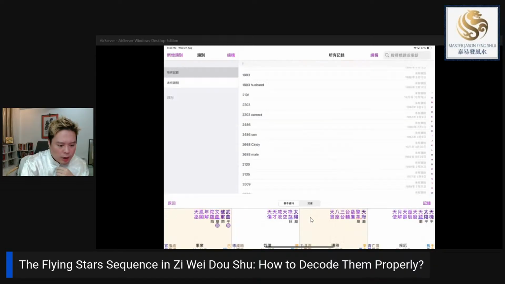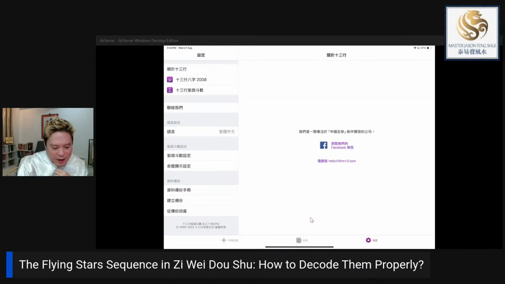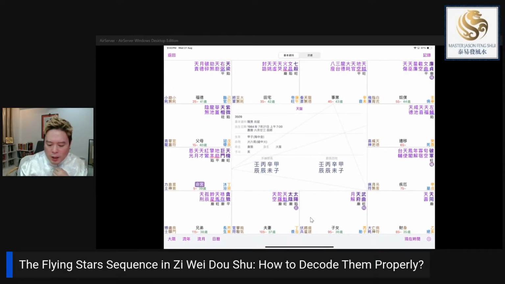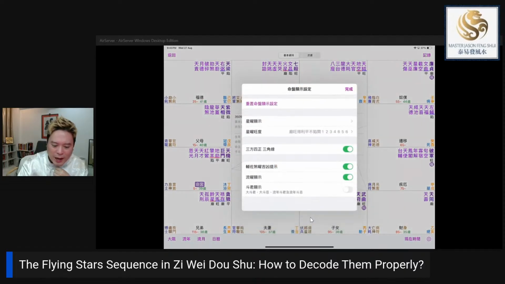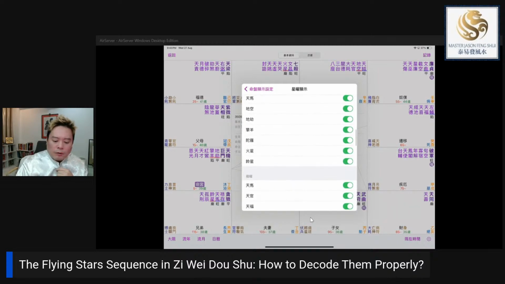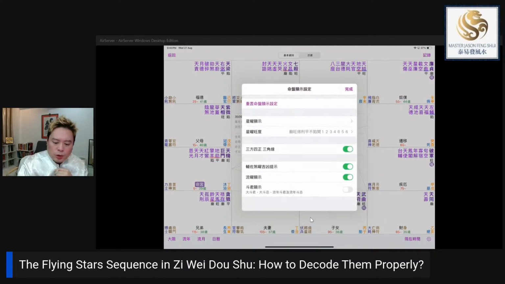I think I have to do a setting for the app. Perhaps I will quickly bring up another chart that is easier to read. When you use any kind of app, you will really need to go to the setting, because there are various types of Wei Dou Shu school, which will have different flying star sequences.